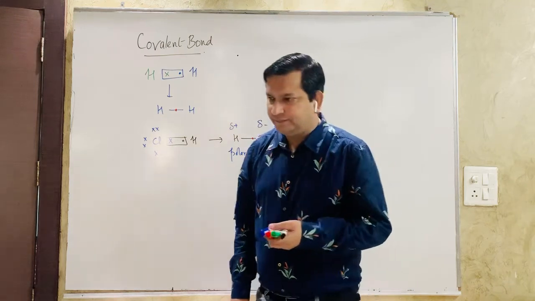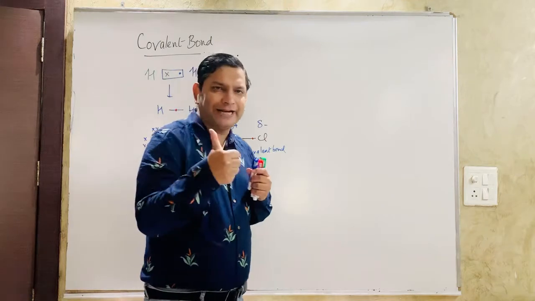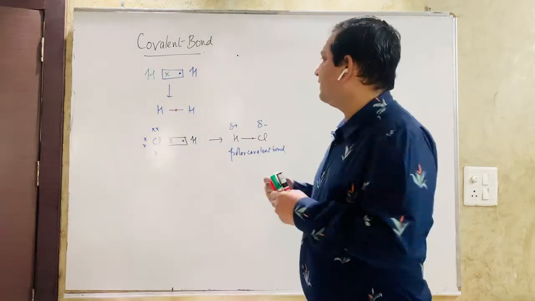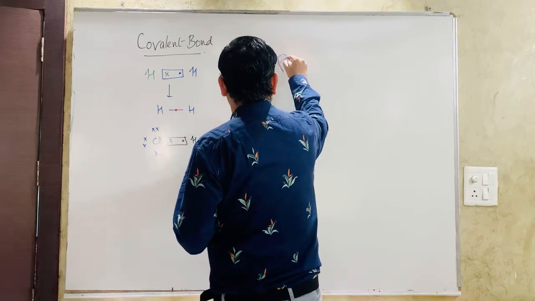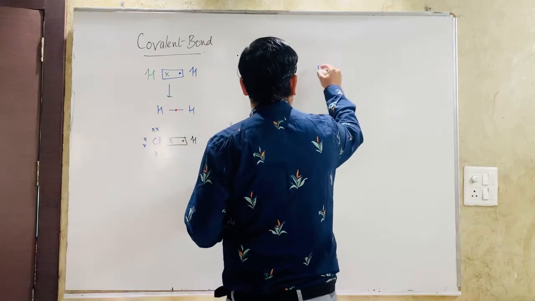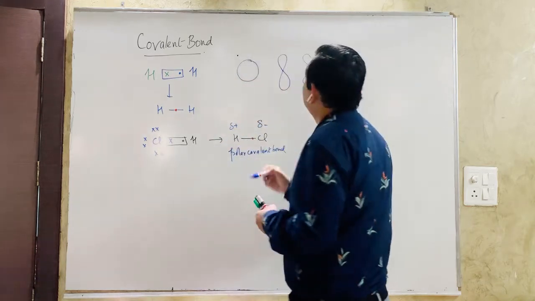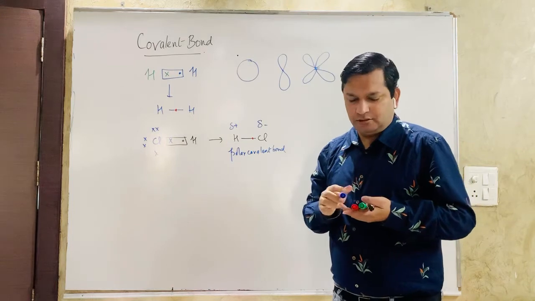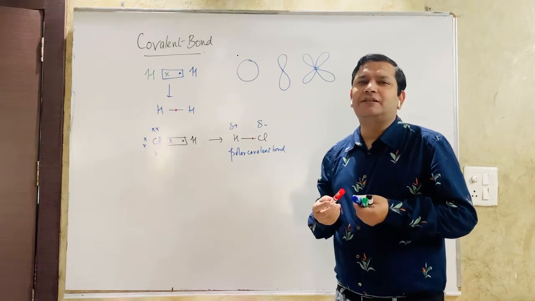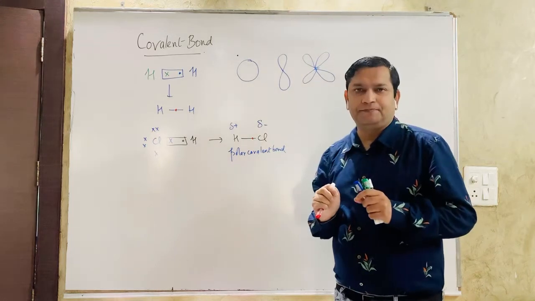We have four important types of orbital: s orbital, spherically symmetrical, p orbital, dumbbell shape, d orbital, double dumbbell. F orbital we won't mention because we won't study it, but it is more complicated than these three types.